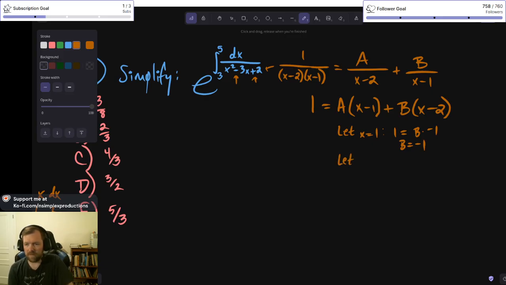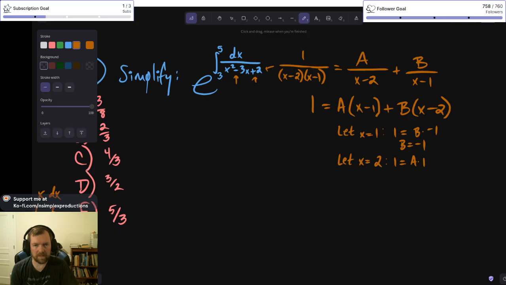And if we let x equal 2, then we're going to get 1 equals, the a term is going to have a 1 attached to it, and the b term is going to go to 0. So here we end up with b equals negative 1, a equals positive 1.